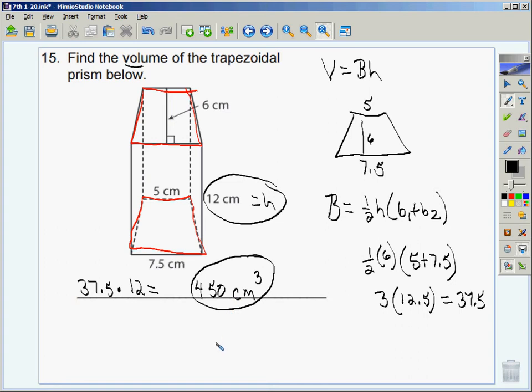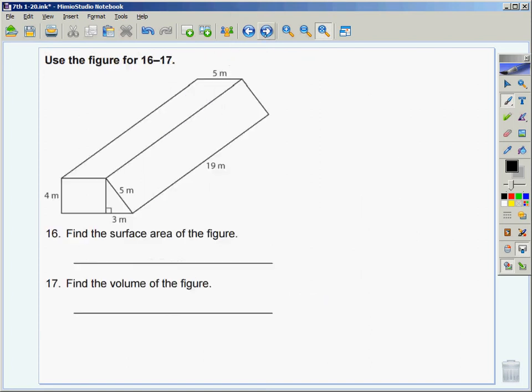Can I go on? Okay. Notice 16 and 17 I have together again, because they told me that I was using the same figure for what? Both problems. Okay? On one of them, they want me to find surface area.